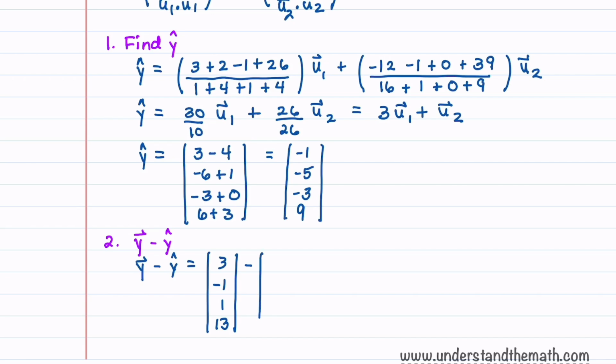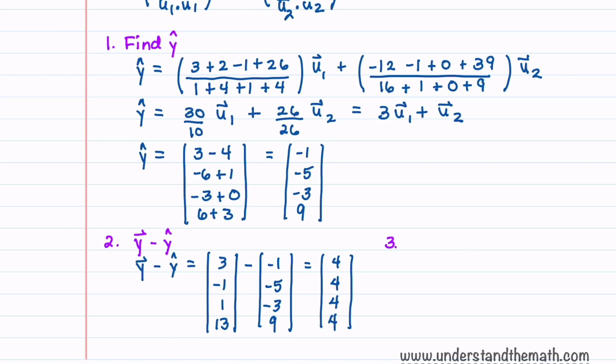Minus y hat, that's what we just computed. Minus 1, minus 5, minus 3, and 9. And this gives us the vector 4, 4, 4, 4. Oh, look, they're all 4s. That's going to make it nice to compute the magnitude.